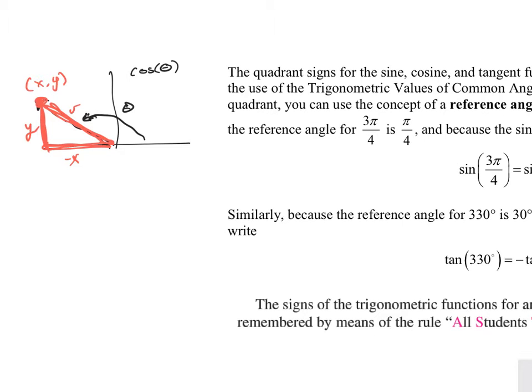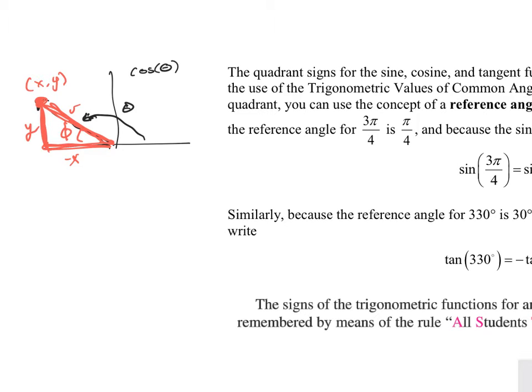But what's the idea? I'm going to call this angle phi right here. Let me use the other Greek letter instead of theta. And the idea is this red triangle is called a reference triangle, and this red angle phi is the reference angle to theta.